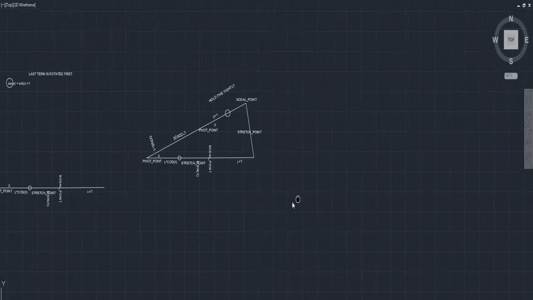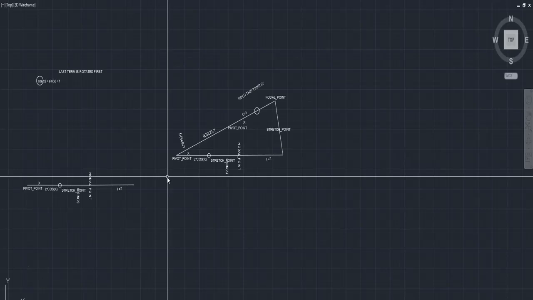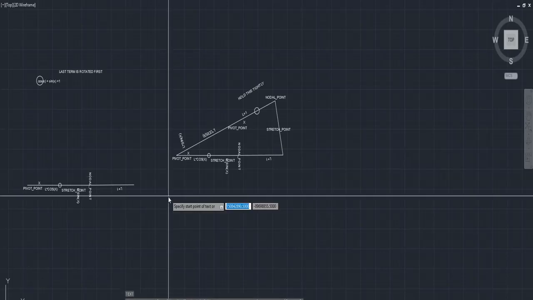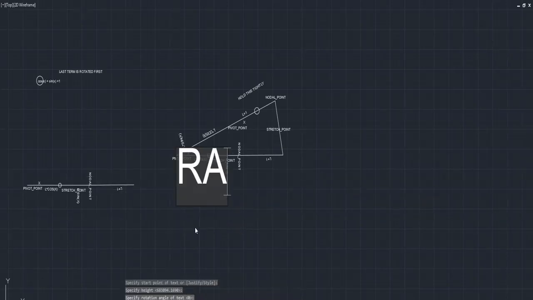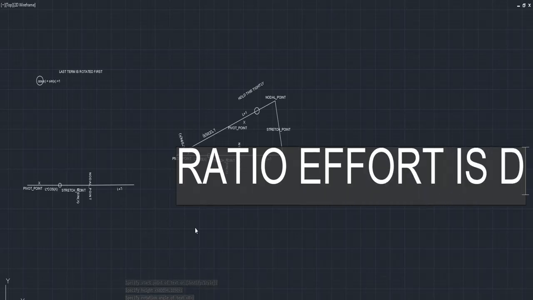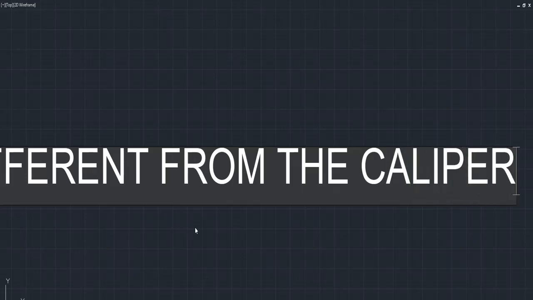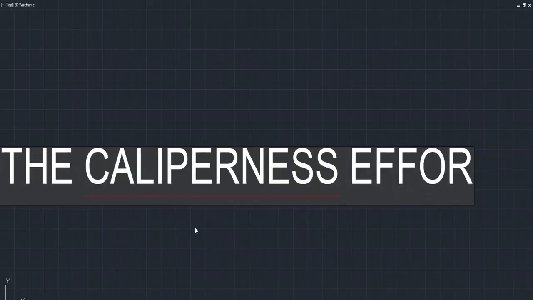And the ratio effort, we can consider it as a ratio effort, and the ratio effort is different from the caliperness effort.